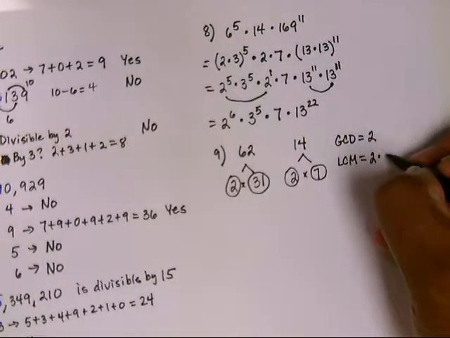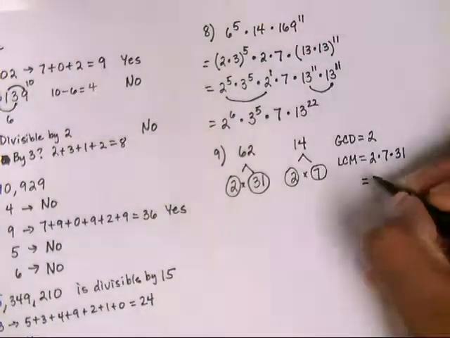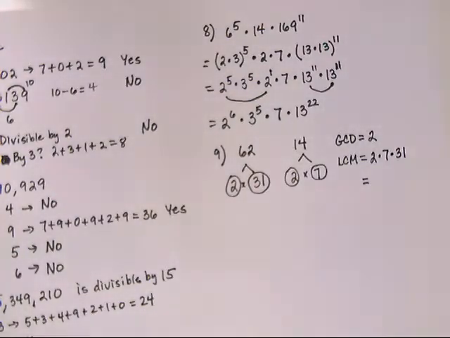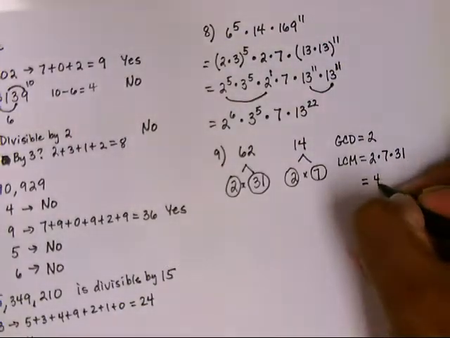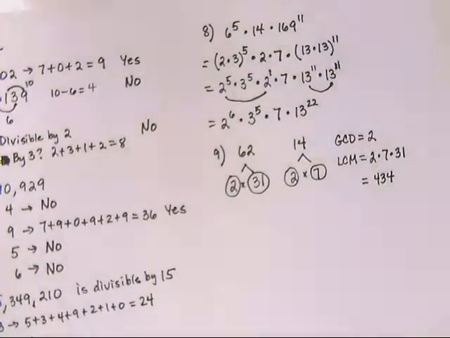The 7 we also use only once, and 31 we use only once. Now multiply 2 times 7 times 31, and you'll get 434. So the least common multiple of 62 and 14 will be 434. The GCD is 2.